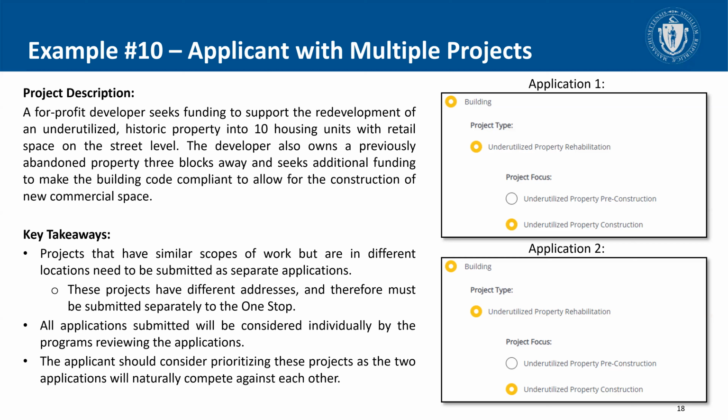So while the applicant is certainly allowed to submit both of these projects, the two projects will naturally compete against each other as they're both being reviewed by the same program. So the applicant may want to consider prioritizing the projects and focusing on the project that they deem to be the highest priority. That does it for our project examples today.